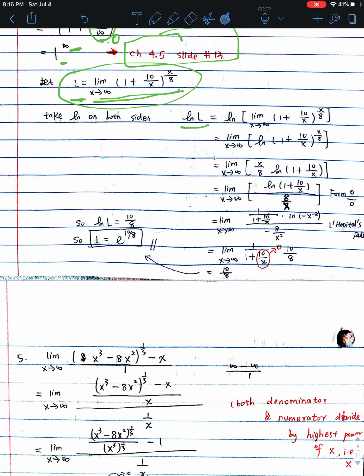And log of a to the power b is just b times log a. Because there is a power in the log term, we can move it in front of the log. So that's x over 8 times log of 1 plus 10 over x.